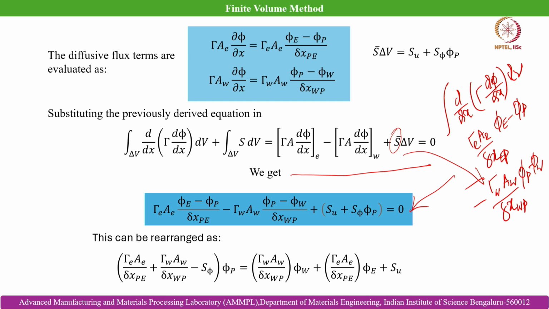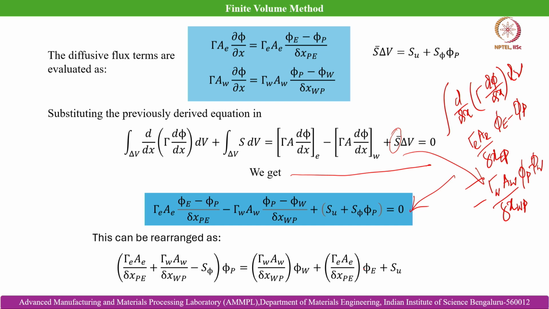If we take all the terms in common for phi P, then we get tau E A E by delta x P E plus tau W A W by delta x W P minus S P, multiplied by phi P, is equal to tau W A W by delta x W P into phi W plus tau E A E, that is the value of the diffusion coefficient in the east phase of the control volume, by delta x P E, that is the distance between the point of interest and the east node of the control volume center, into phi E plus S U.